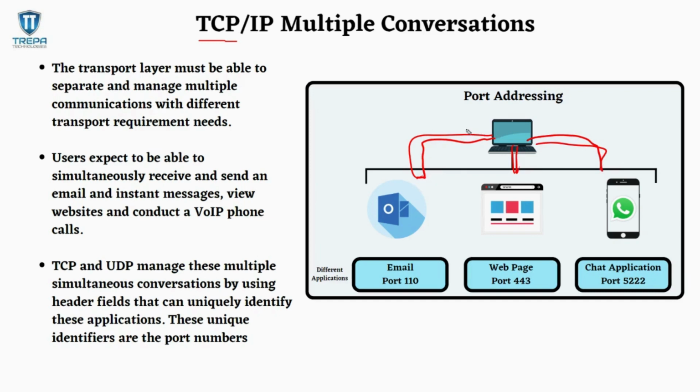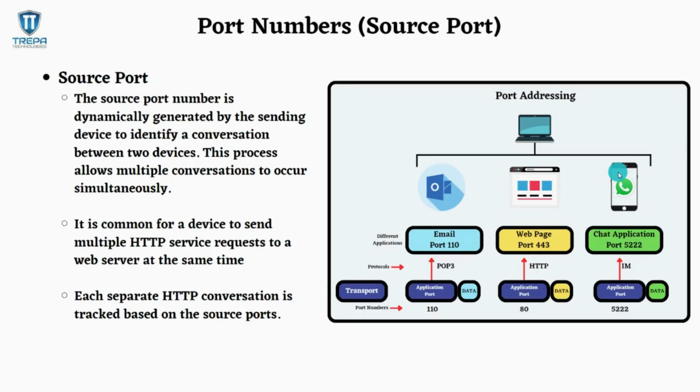So for data destined for Outlook or email, we're going to put the 110 port in our TCP header. And now we know, okay, all this data needs to go this way using this destination port. Same logic for the web, 443, and for our chat applications. So that's where port numbers come into play. Port numbers allow us to sequence and identify where traffic's supposed to be going and for what applications.